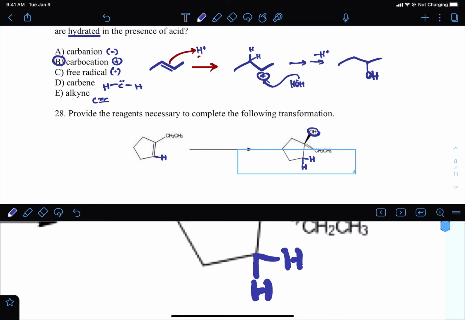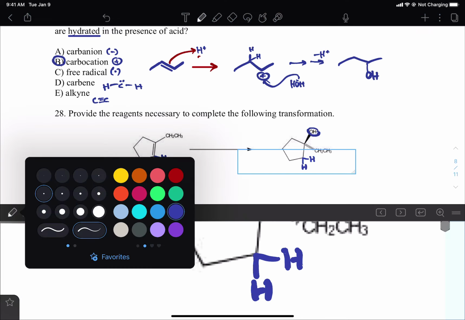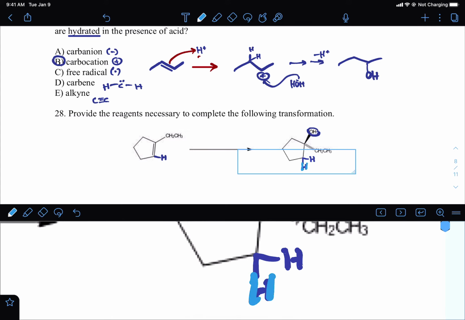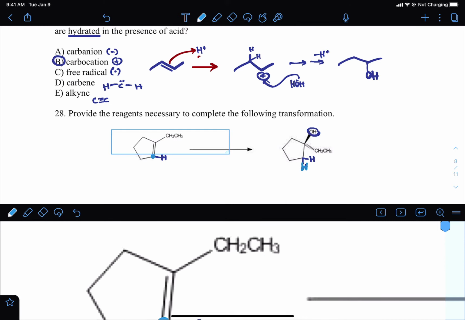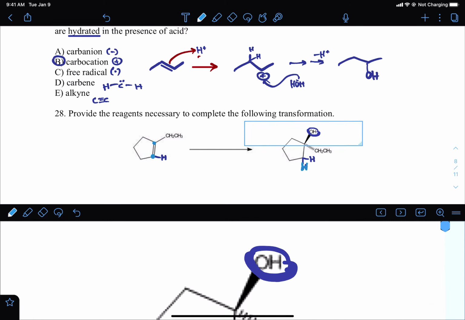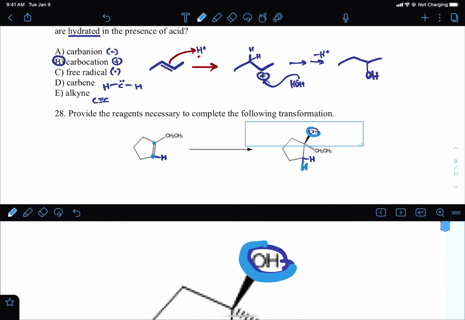So this is a hydration. This is actually the previous reaction that we just did. We're adding an H to one carbon of the alkene, and we're adding an OH to the other carbon of the alkene. We did that before here, right?